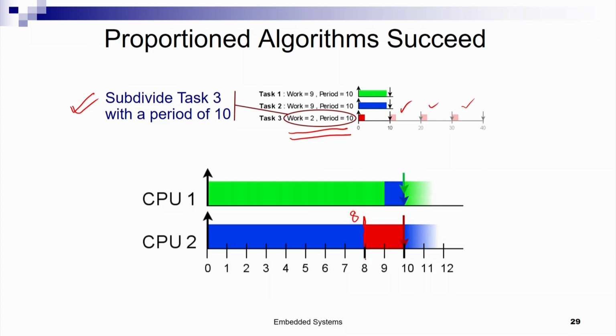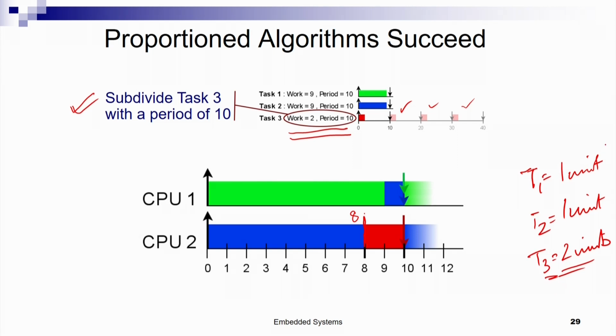We see that at 8, task 1 has 1 unit of work remaining, task 2 also has 1 unit of work remaining, but task 3 has 2 units of work remaining. So, suddenly at 8 T3 becomes more important than T1 and T2, because it has 2 units of work remaining to be completed before 10.